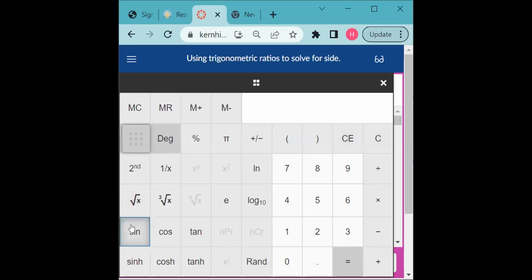So I'm just going to go sine 90 degrees, close parentheses, times 32 divided by 33. According to my calculator, is that 0.96969696 on and on.